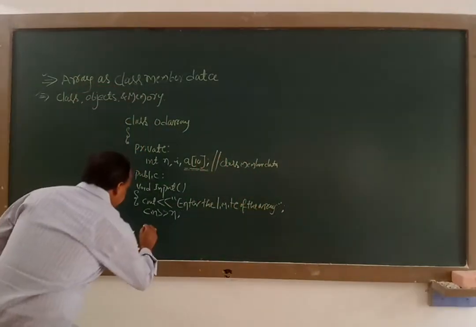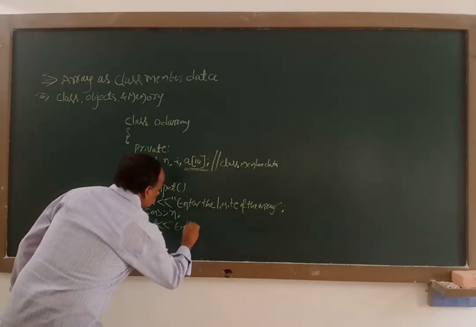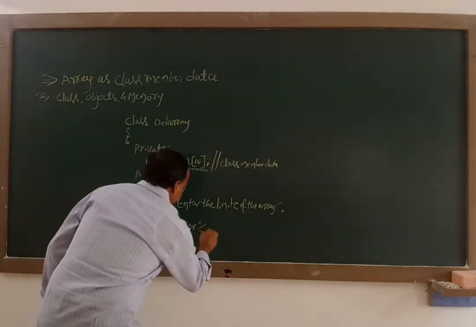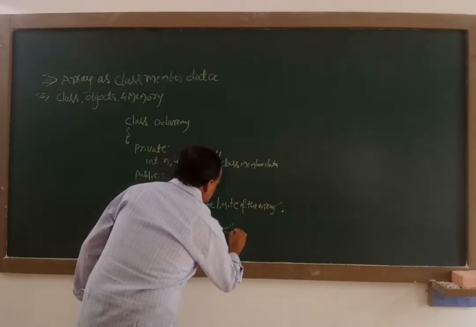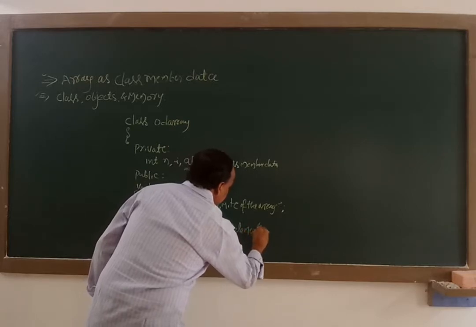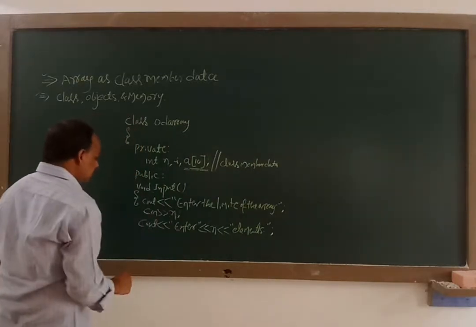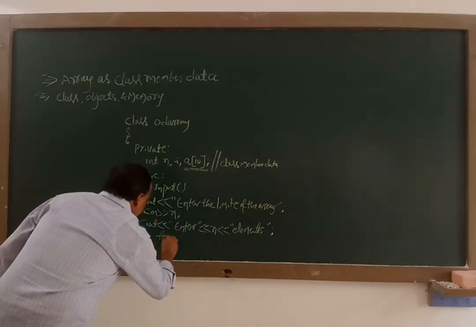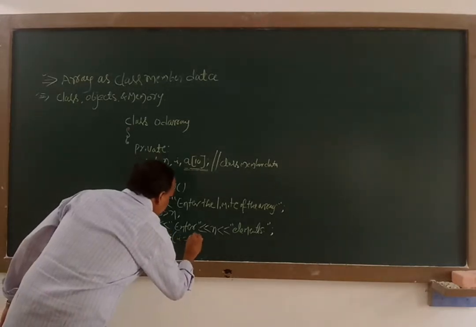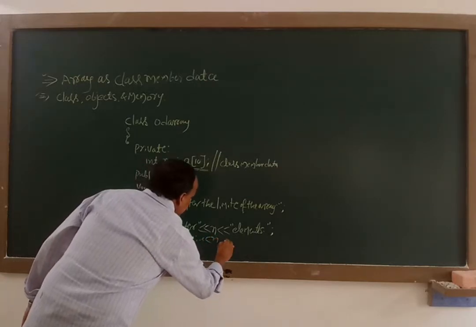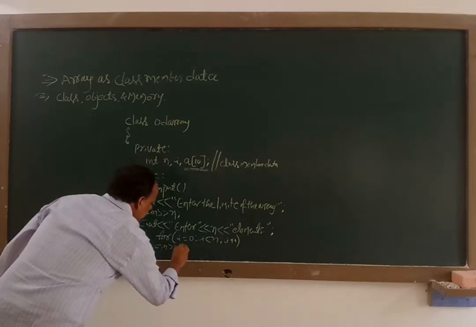First year concept, cout enter n elements, for i is equal to 0, i less than n, i plus plus, cin a of i.